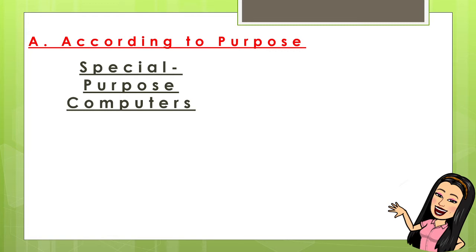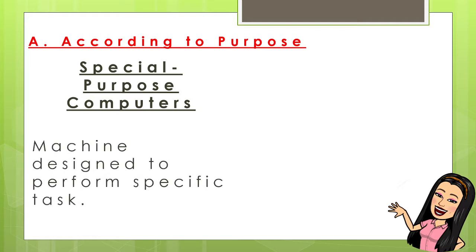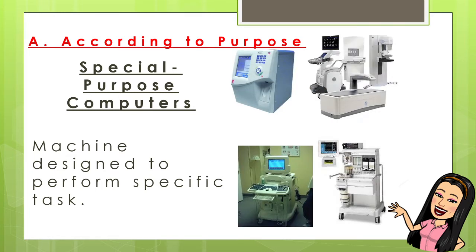Special purpose computers are designed in such a manner that they can perform only a specific task. Some examples of these computers can be found in different hospitals, like these machines.